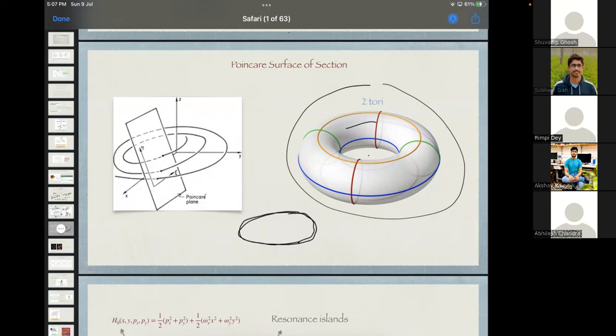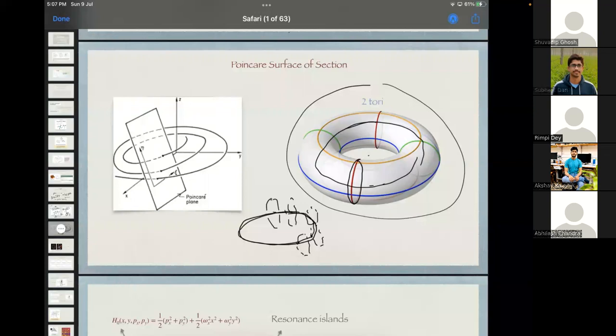At each point of the first circle, you can imagine another circle, like this. So this is the example of a 2 torus.